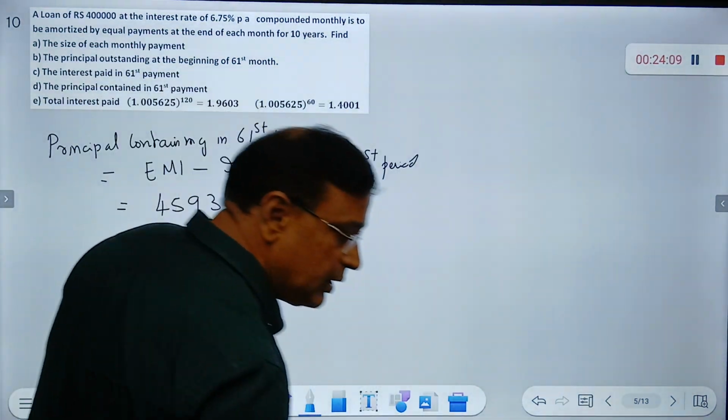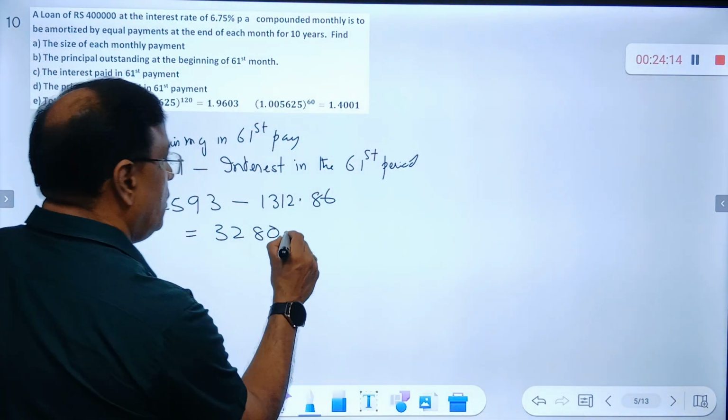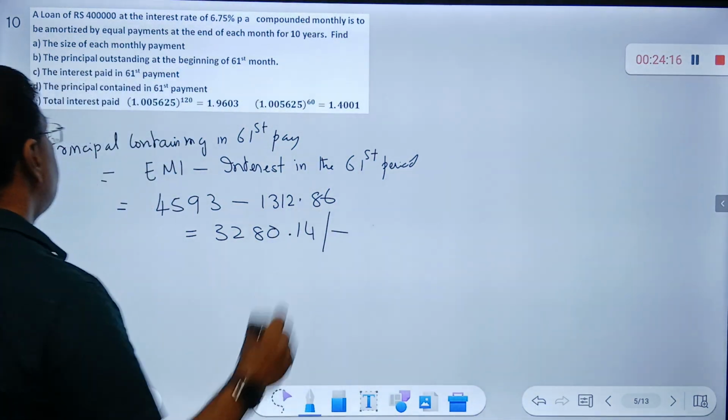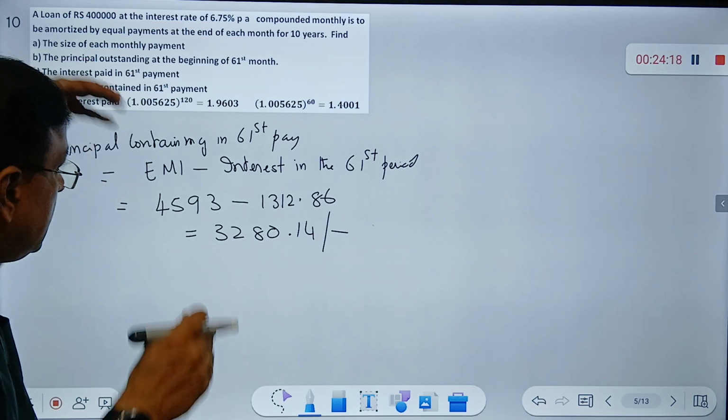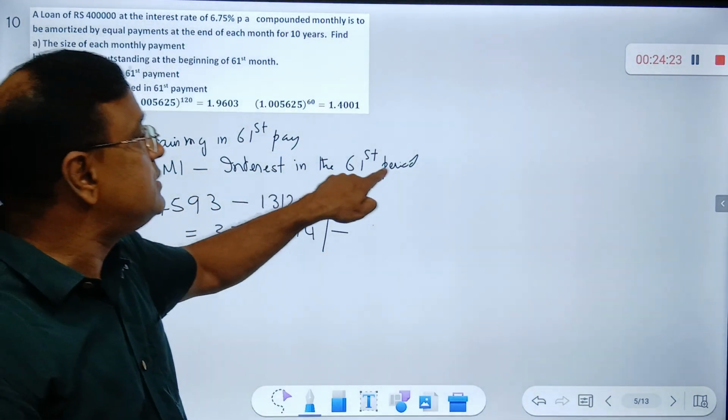If you subtract this, you get 3280.14. Simple, isn't it? Principal contained in the 61st payment is EMI minus interest in the 61st payment.